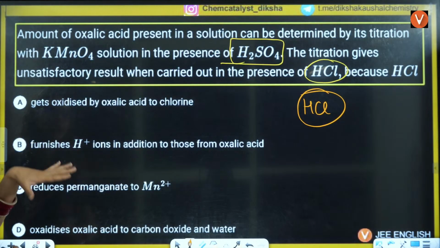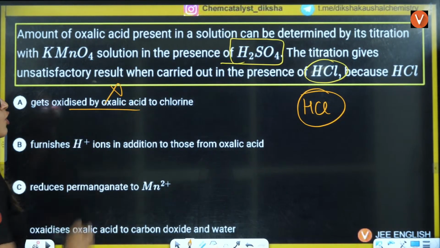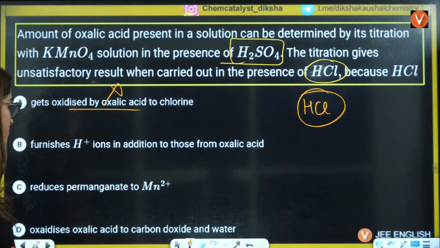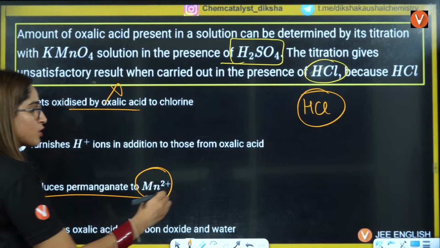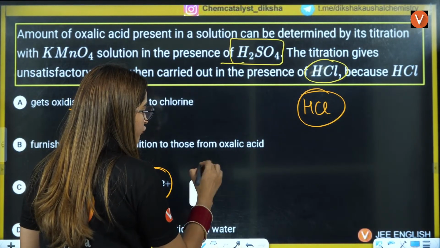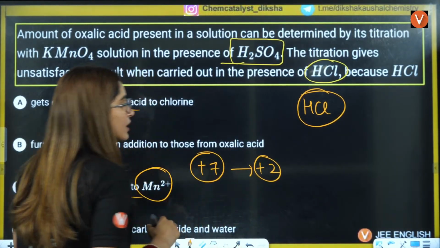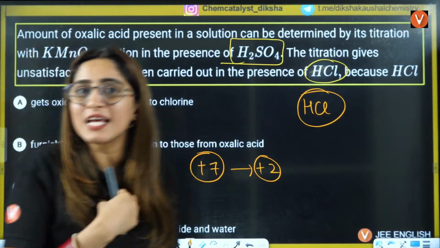it gets oxidized to chlorine. Not by oxalic acid, it is oxidized by KMnO4. It furnishes H+ ions, and reduces permanganate to Mn2+. That means KMnO4 goes from +7 to +2, so KMnO4 itself is getting reduced.